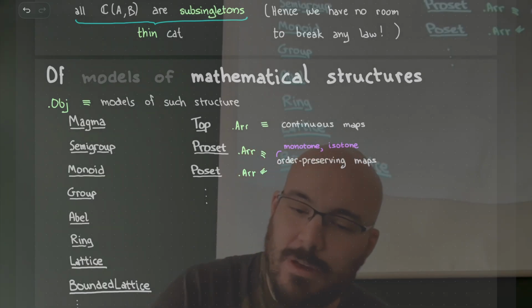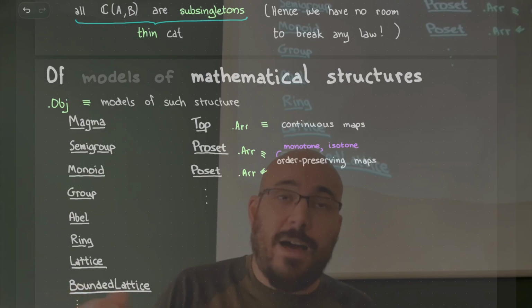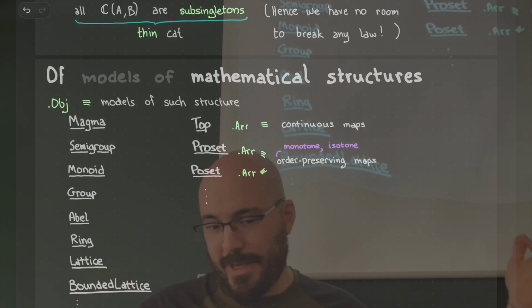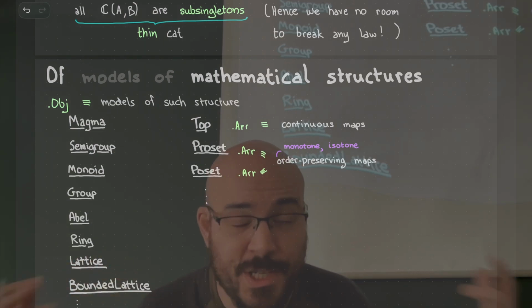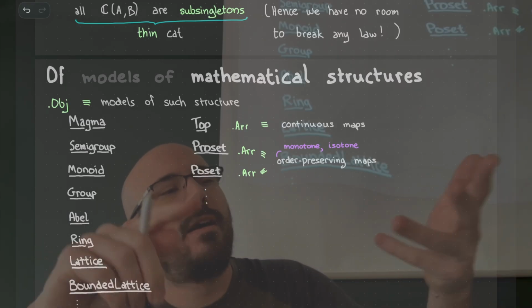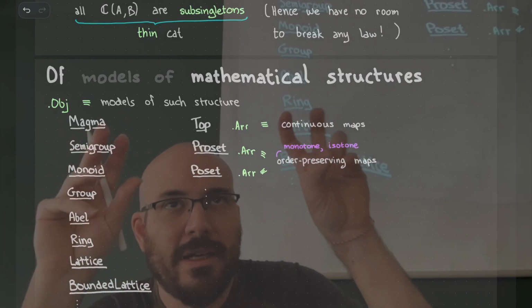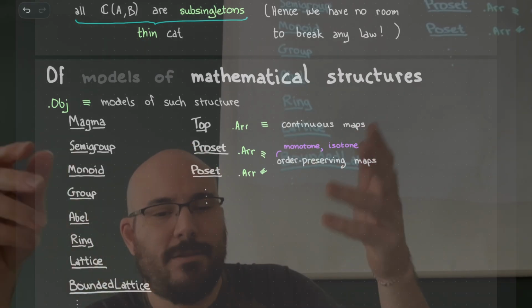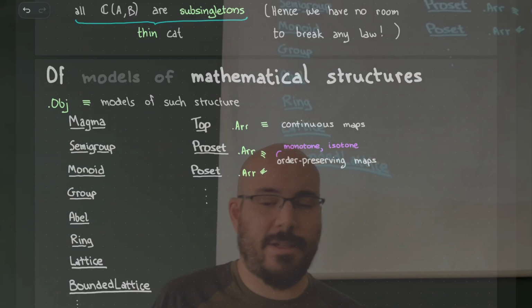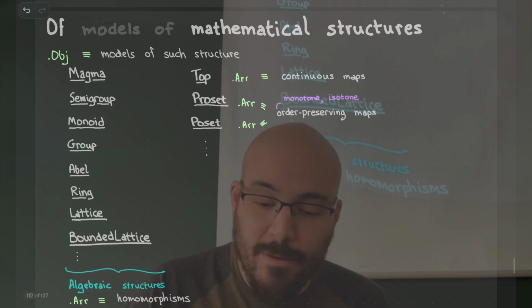So if you have groups, the arrows will be the group homomorphisms, functions from the carrier set of the group to the carrier set of the other group, such that they respect all there is to respect in a group, which are three things: binary operation, unary operation, nullary operation, so multiplication, identity (or unit element, or neutral element, however you want to call it), and inverses. And similarly for all the other things we have met.